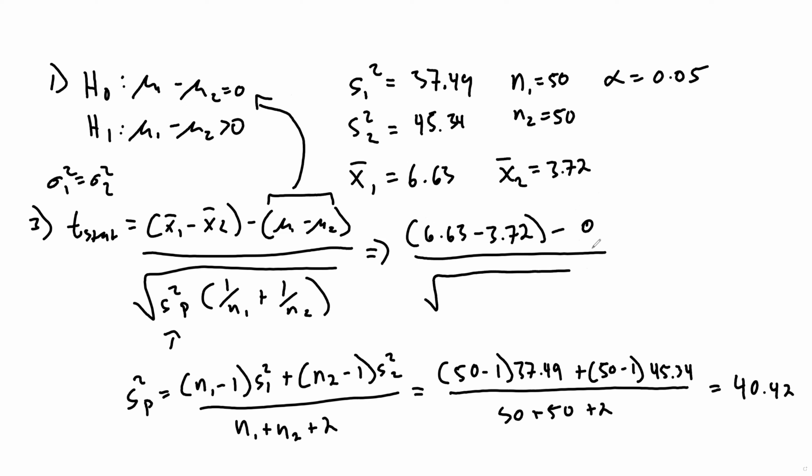All divided by the square root of 40.42 times 1 over 50 plus 1 over 50. When you do all this math, you can pause the video, get your actual calculator out, and do the math. What it's going to return is a value of 2.29. So this is your t-stat. This is your evidence. Anytime we have our evidence, we need to compare it to our t-critical value.